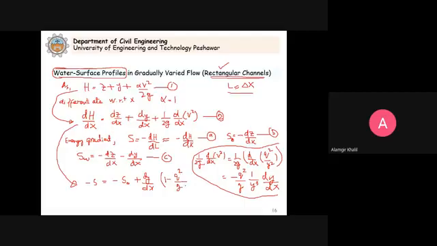Here this is y cube, so this will be q square divided by g into y cube.